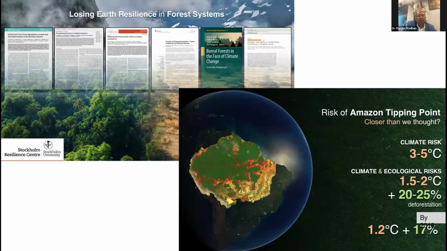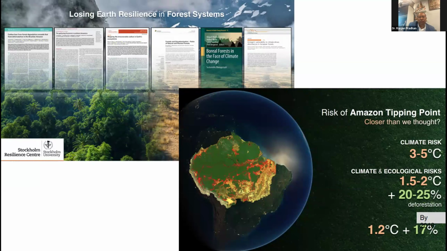Yeah. So what is it doing to us? Earth is losing resilience in its forest system as of now. There are multiple reports, we can go on and on with the publications, and numerous accounts suggesting that the Amazon is at a tipping point and would revert to a carbon emitting source rather than a carbon sink.